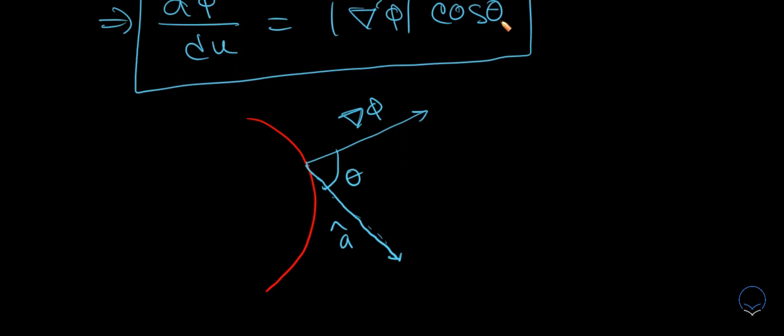This might be a bit confusing at first, but if you just look at this drawing, you can easily see that this gradient of phi will actually give you the direction in which this function phi is moving faster or slower. That is, it's the direction in which way the function is changing most rapidly.